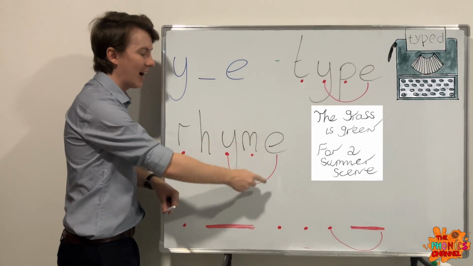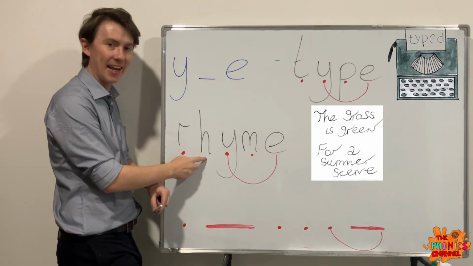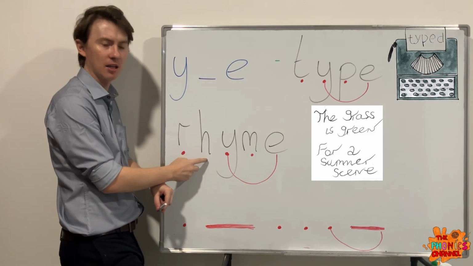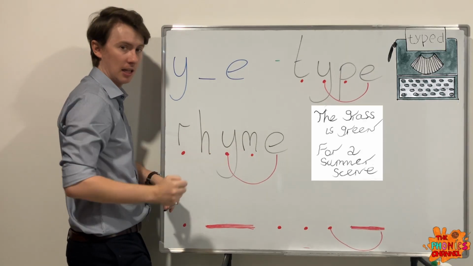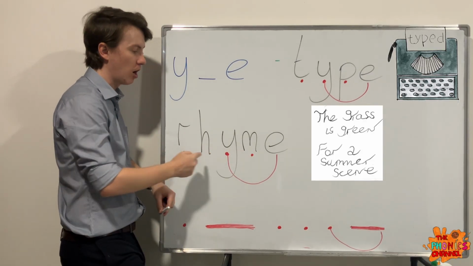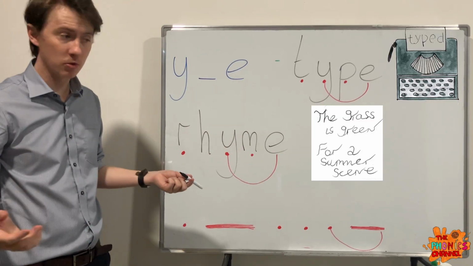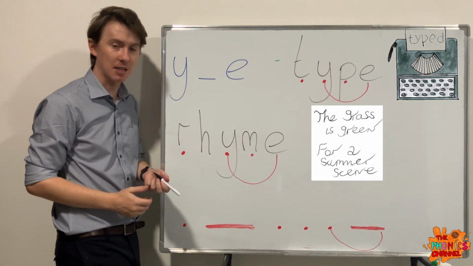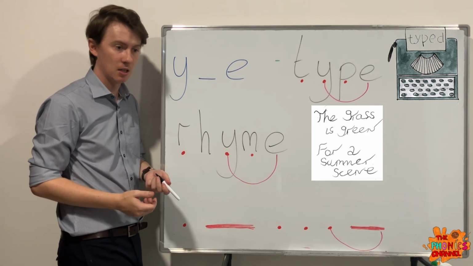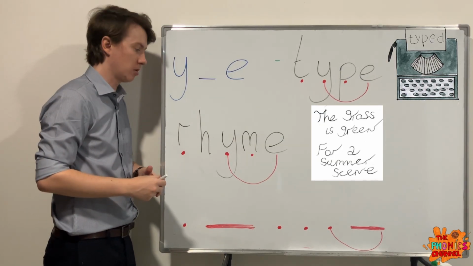R, I, M, rhyme. Remember the H is silent, we've got the split digraph I, and then the last sound is M. R, I, M, rhyme. The song or poem, it rhymes. It has rhyming words, maybe sad and bad. Those are simple rhyming words there.